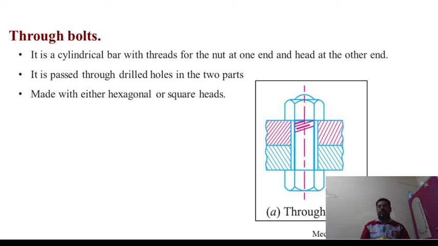When joining two components, the holes are already drilled, and we pass the bolt through the holes to assemble easily. It is made with either a hexagonal or a square head. In our metric threads, almost all we use are square bolts or hexagonal bolts in the field of mechanical threads.